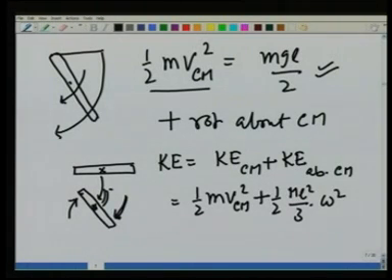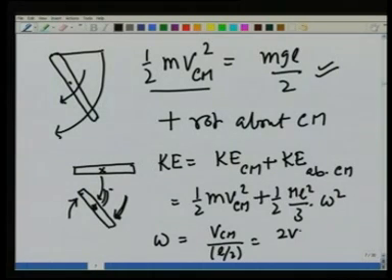Omega by definition here is going to be v cm divided by L by 2, which is 2 v cm divided by L. Oh sorry, about center of mass this should be 12, not 3. It is 3 about the point O, about cm it is 12. If you substitute these numbers in, you get precisely the answer that you got earlier.